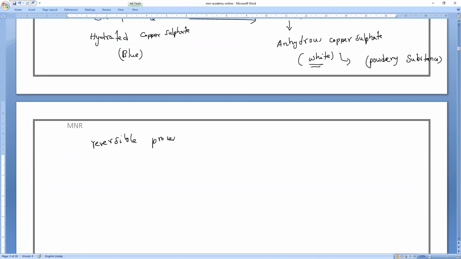If you go to the lab and add again 5 water of crystallization, again we will get hydrated salt. Anhydrous copper sulfate again turns into hydrated copper sulfate. So again it goes from powder form to crystalline form.